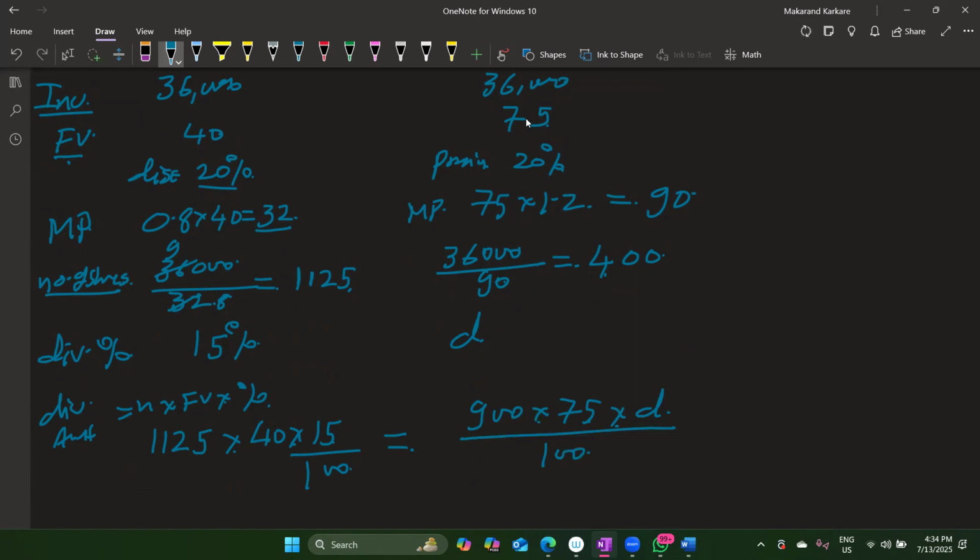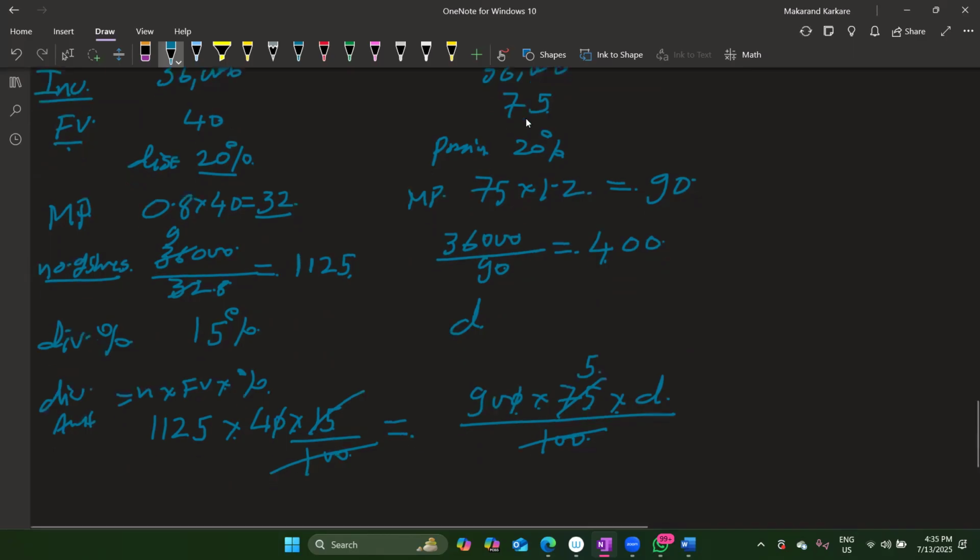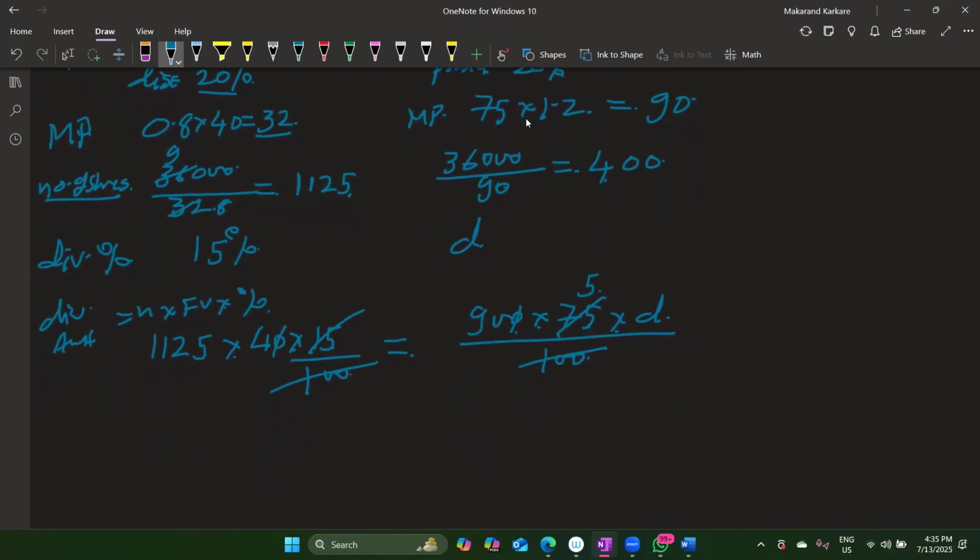Does that make sense? I can cancel 100 on both sides. 15 5s are 75. This can get cancelled. And so D is going to be 1125 into 4 divided by 90 into 10. Sorry, 10.